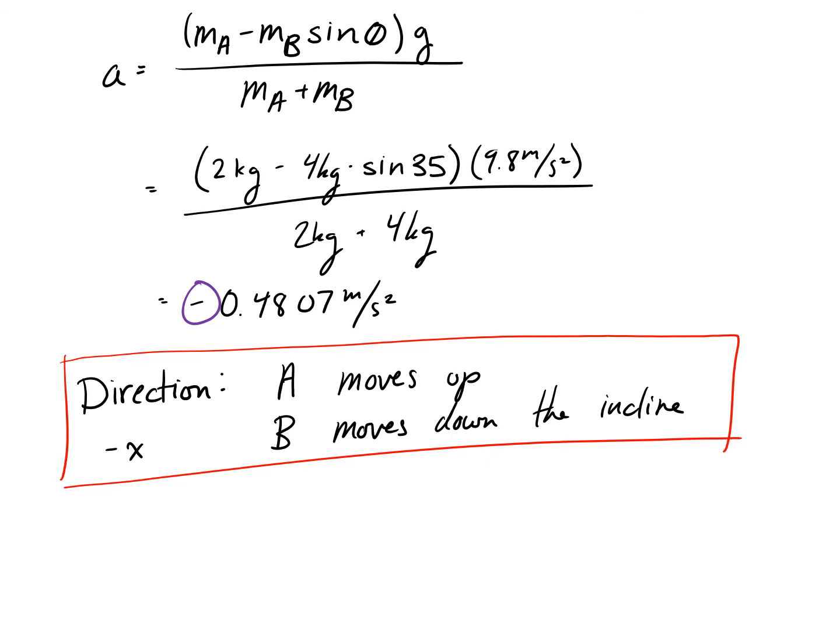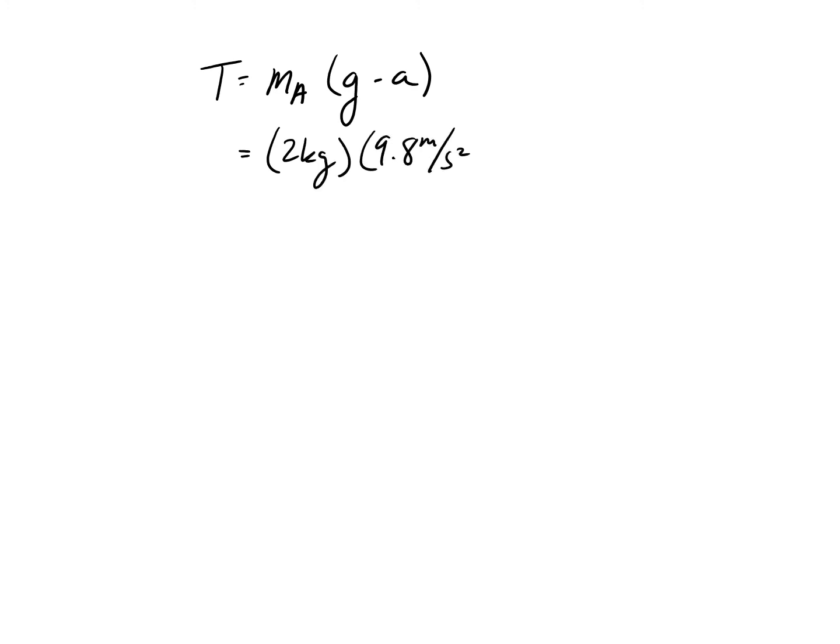So now that we have our value for acceleration, all we need to do is plug it into one of our equations that has tension in it. So I'm going to use that tension is equal to mass A, G minus A. Mass A is 2 kilograms. G is 9.8 meters per second squared.